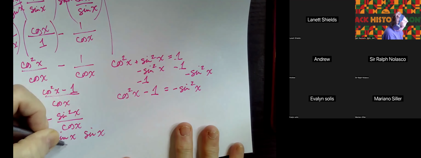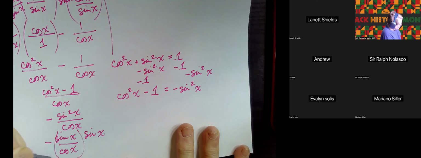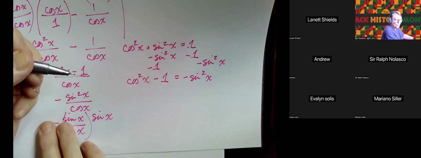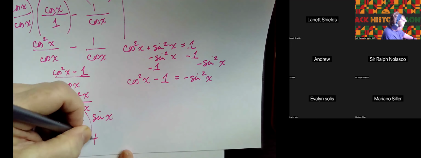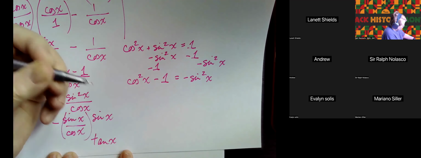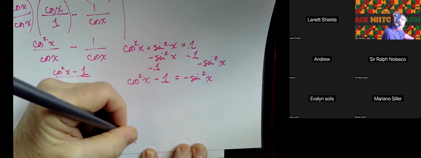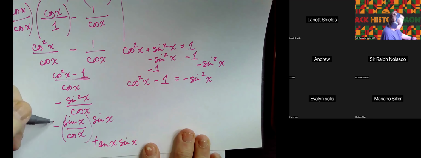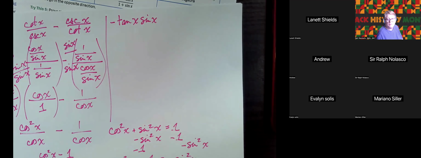Very good. So one of the sines divided by cosine is tangent. And then we have an extra sine. And this negative out to the side, and that's exactly what we wanted to get.